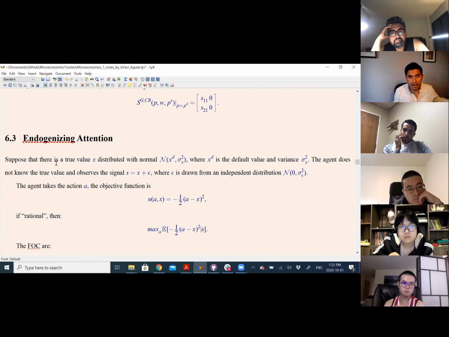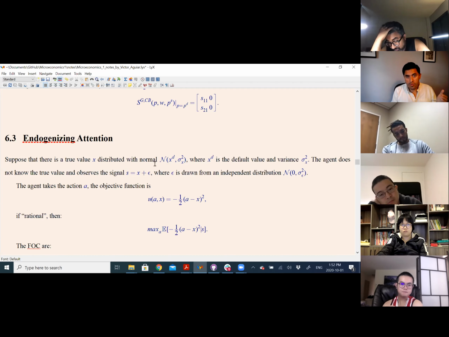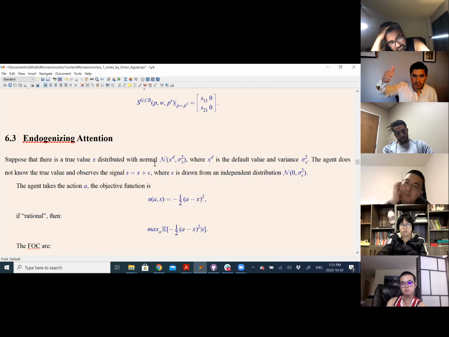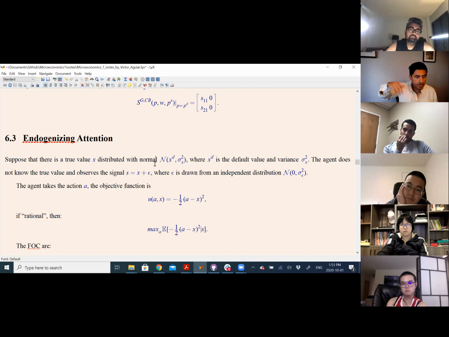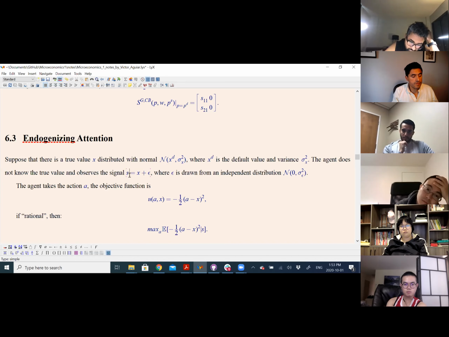So suppose there is a true value, X. X might be a price, but might be other stuff that you want to know. X is the true value of the decision that you're facing. Again, an example of such a value can be a price. Now, this object that you want to know actually is random. In particular, one assumes for simplicity that it is normal, normally distributed with mean X sub D and variance sigma sub X. Now the agent doesn't know the true value and instead observes a noisy signal.